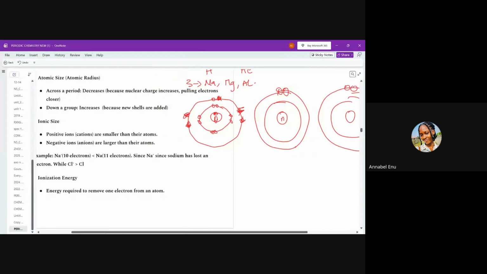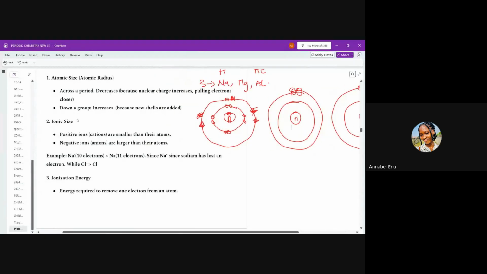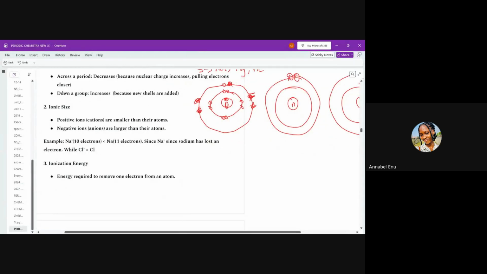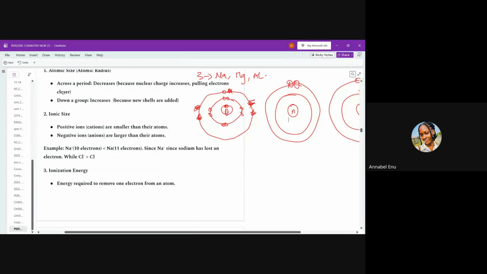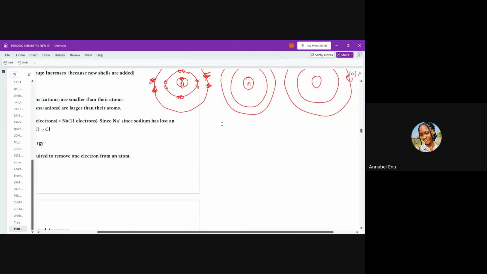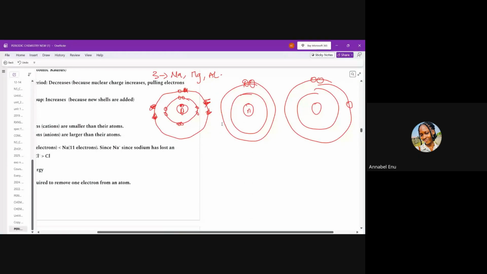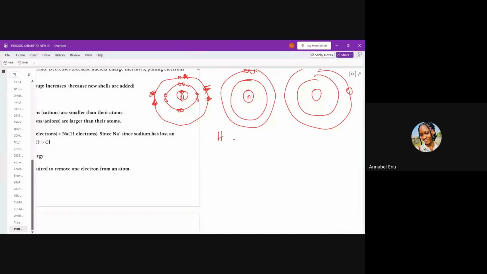But when we talk about down the group, atomic size would increase. It makes sense that it would increase because in group 1, for example, we have hydrogen first, and the shape of hydrogen, so to say, is going to be just this.